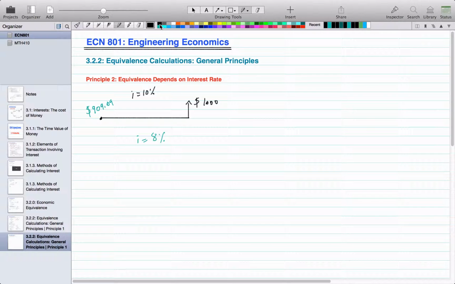If this 10% changes to 8%, what happens is these two are no longer equivalent.